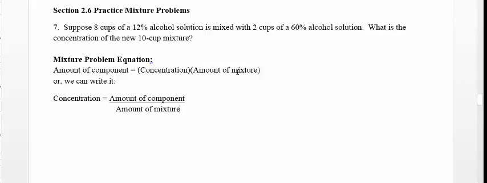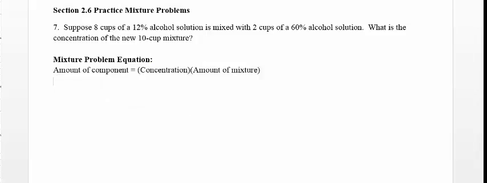All right, so concentration is multiplied by the amount of mixture to get the amount of a component that was added to the mixture. So we're actually not going to use this fractional way of writing. So I'll get rid of that. So 12% is 0.12.